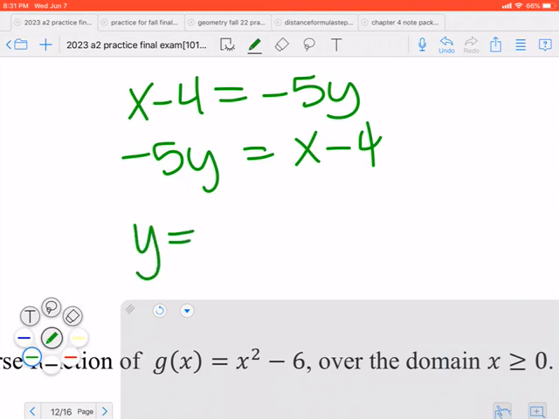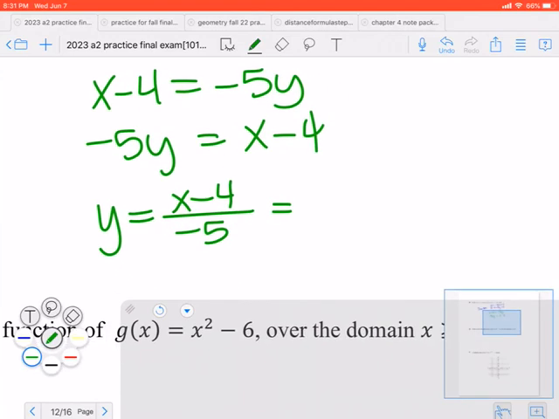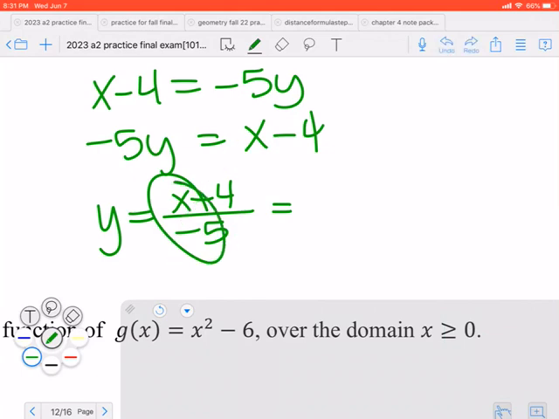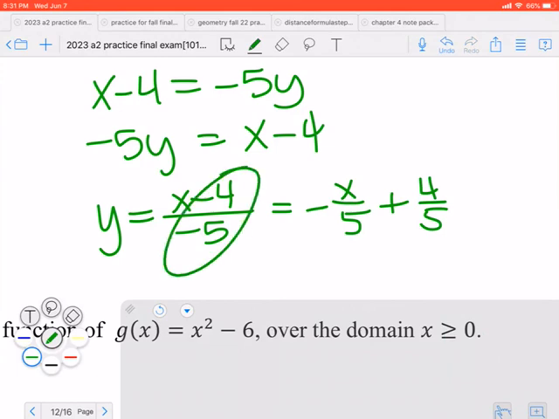So there's two ways you could write it. X minus 4 over negative 5, which is fine. Or if you did the division, they both get divided by negative 5. So we would have negative x over 5 plus 4/5, because negative over negative is positive.